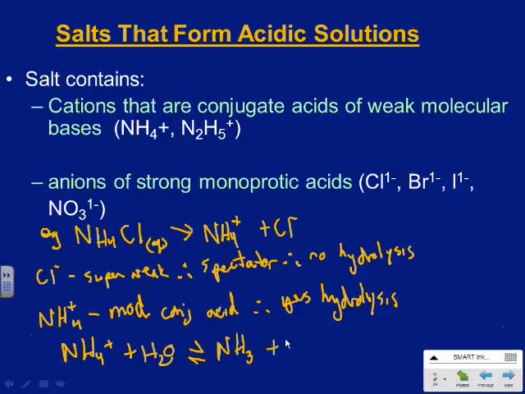And here's the important part: I get the H3O plus, which means right from here, what am I going to say about this particular solution? It's acidic. It's going to make it slightly acidic. Therefore, acidic. And that's what it's all about right there.